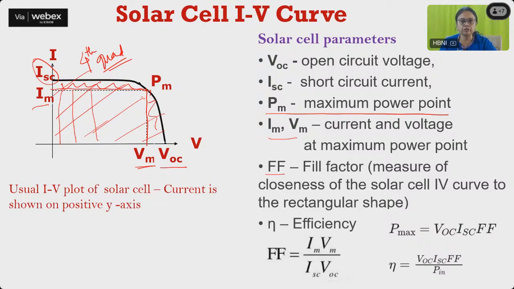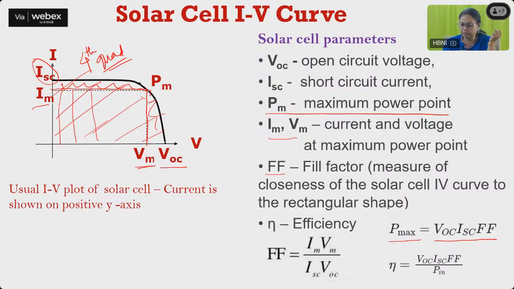Now coming to the efficiency. How is the efficiency of a solar cell defined? Efficiency is the ratio of the output power to the input power. P max is Voc, the open circuit voltage, times Isc, the short circuit current, times the fill factor.